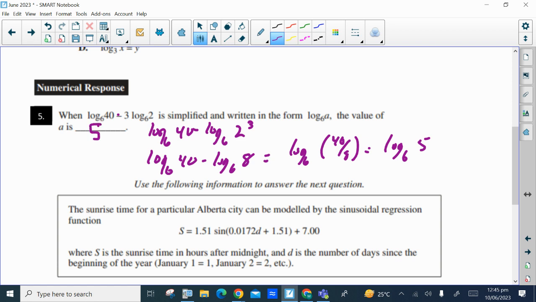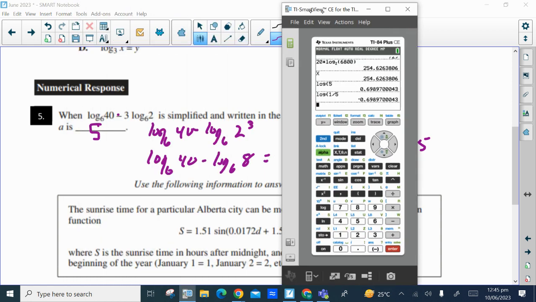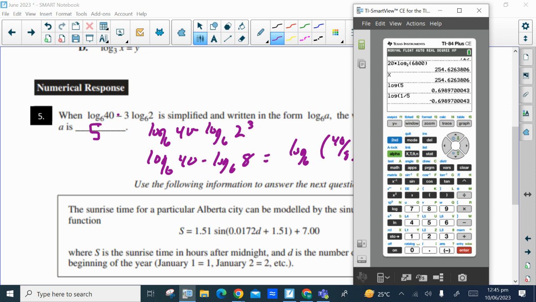And you could check this on your calculator. If you find the value of the original expression, log base 6 of 40 minus 3 times the log base 6 of 2, it's that value.